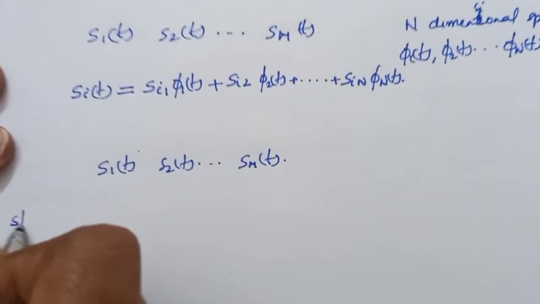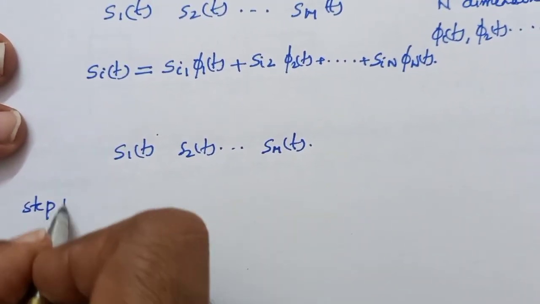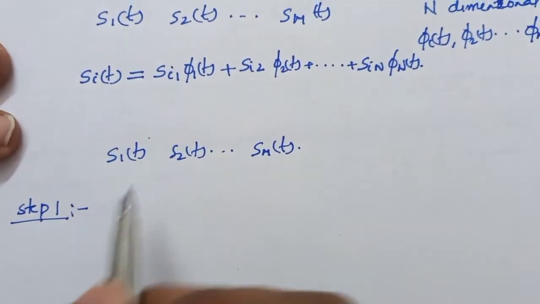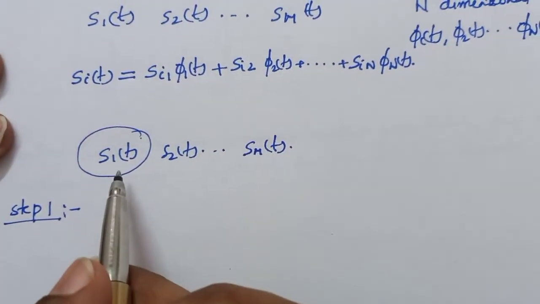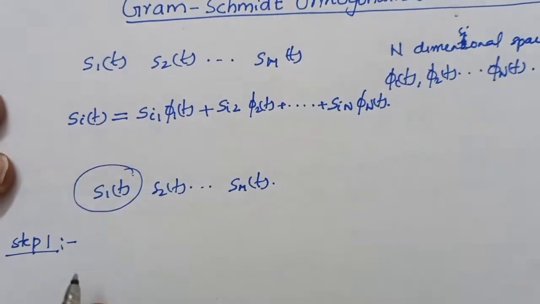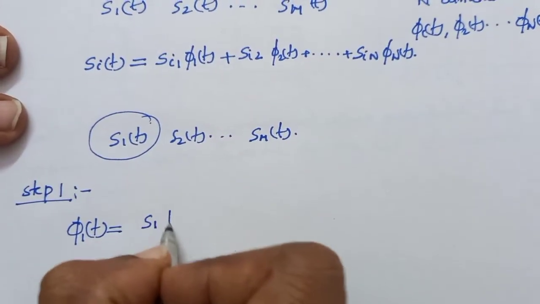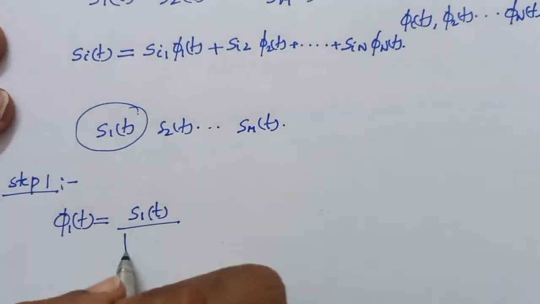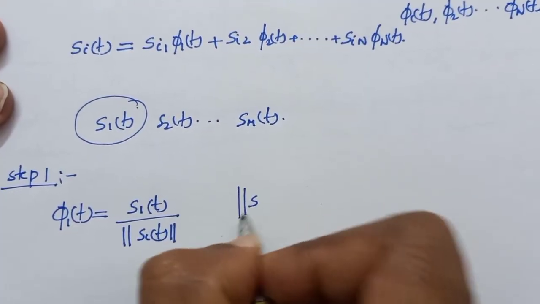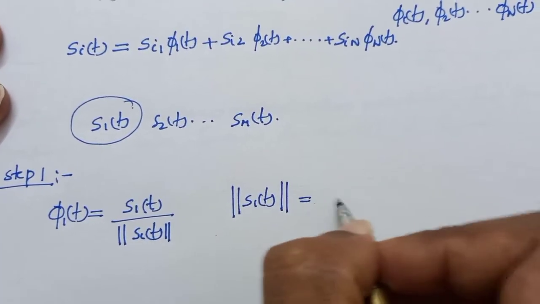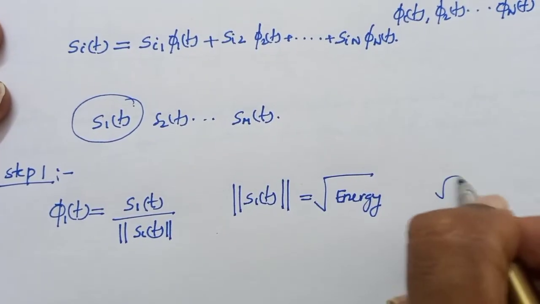For that, we will use the Gram-Schmidt orthogonalization procedure. Step number 1 is to choose any signal. For the sake of convenience, I am choosing S1(t). From S1(t), we can find phi1(t). Phi1(t) can be written as S1(t) divided by the norm of S1(t). We know that the norm of S1(t) equals the square root of energy, that is, square root of E1.